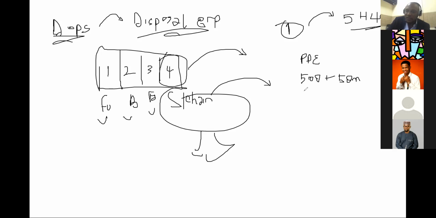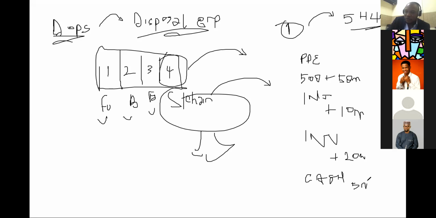Now it also had intangibles of maybe 10 million. The other ones will have their own amounts. It also has inventory of, say, another 20 million, and cash of, say, another 5 million.